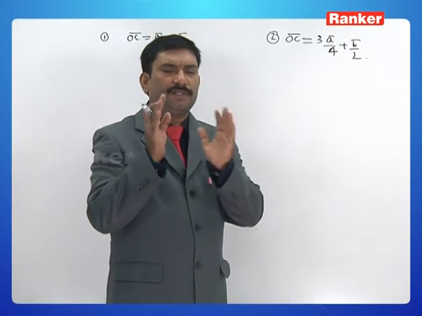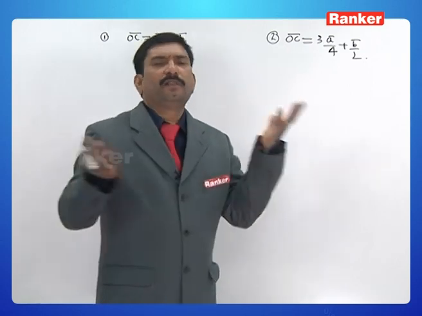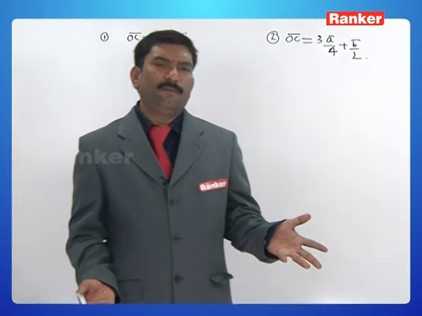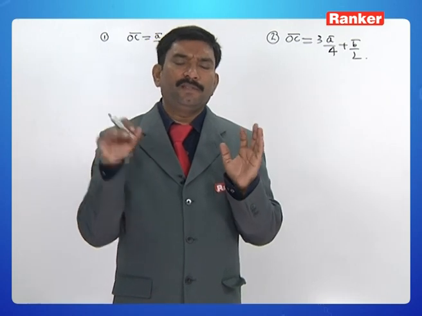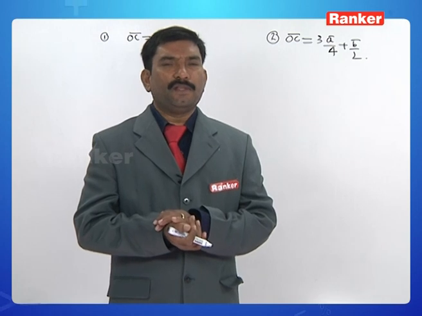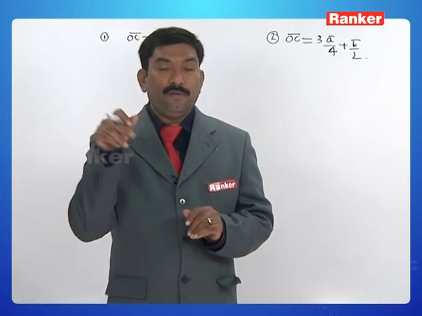Look here, boys. What are the discussions I made in the above concept? They are the options. C lies inside the triangle OAB. Second option, C lies outside the triangle OAB but inside the angle AOB. Next, C lies outside the triangle OAB but inside the angle OAB.